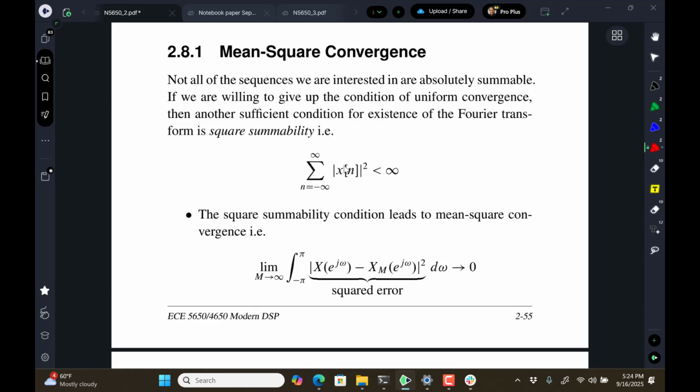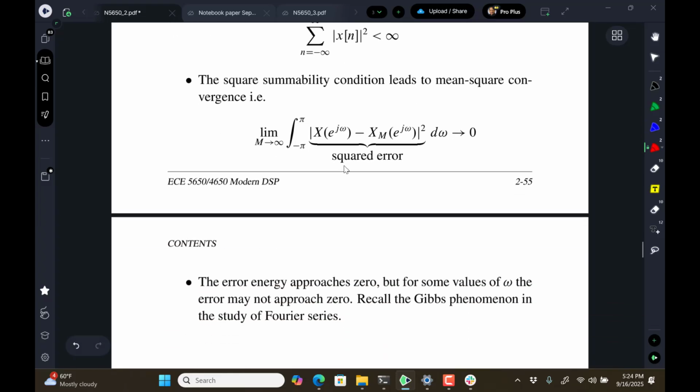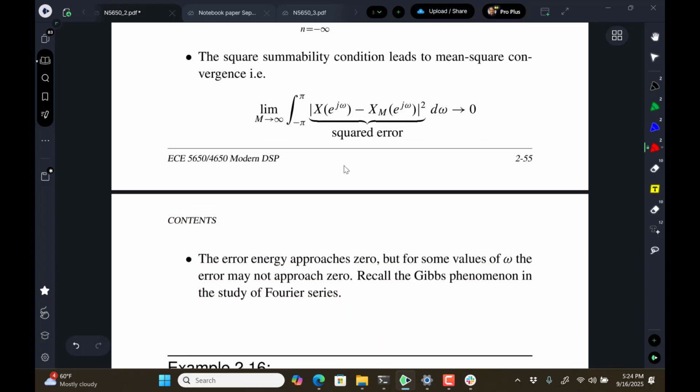Magnitude squared is a more powerful summability requirement. It puts more power on it. Mean square convergence, which is what this is, means that if you're approximating a signal with m terms and intending to make m go to infinity, and it's only a square summability type convergence, then it's not perfect.